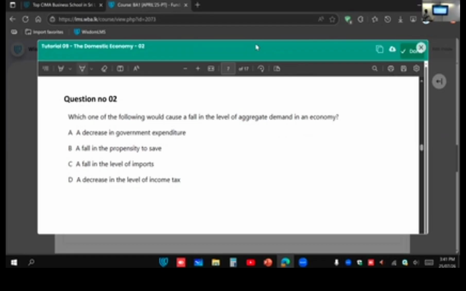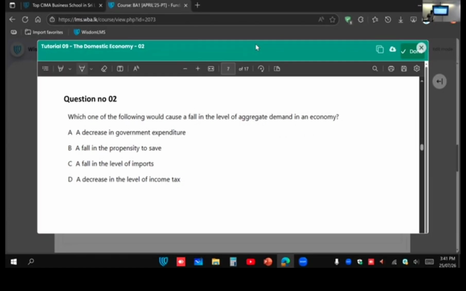Fall in the level of aggregate demand. Answer A. Raise your hands. Only if that's correct, right? B, C, D. Yes. A decrease in government expenditure directly affects aggregate demand, meaning it goes down.